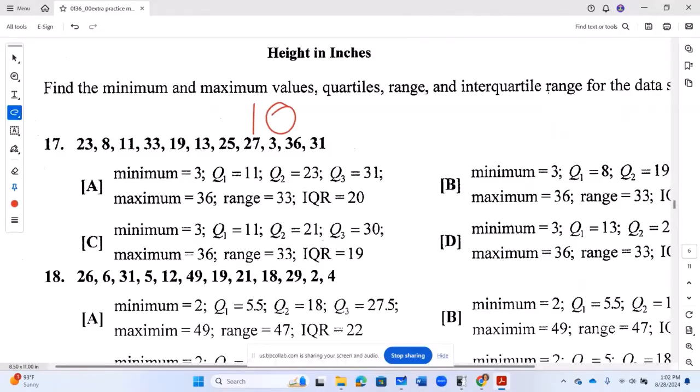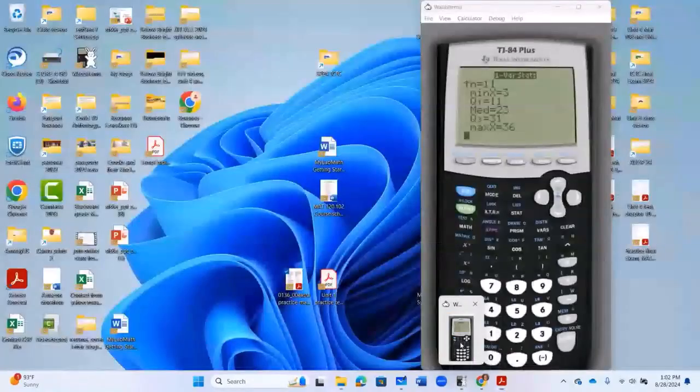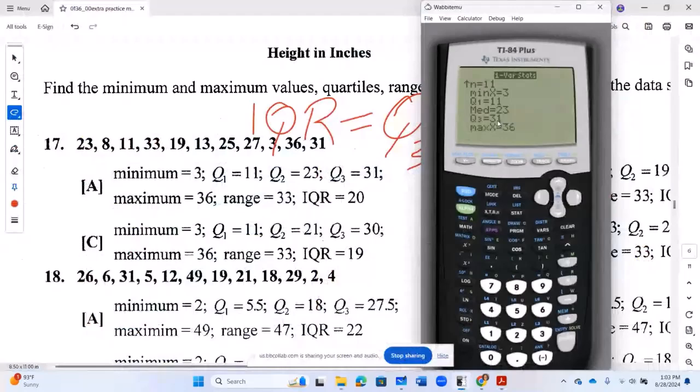The interquartile range, IQR, is equal to Q3 minus Q1. Okay, so we have actually found all of them. I know Q3. And by the way, how do I know that? I'll go back to my calculator. You see that Q3 is 31. Q1 is 11.